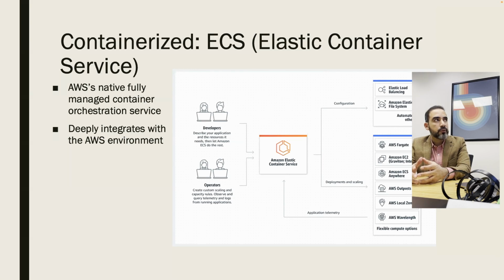For container orchestration within AWS, you have two options. One is ECS, the other is EKS. ECS is AWS's native container orchestration service. EKS is just a managed Kubernetes instance.